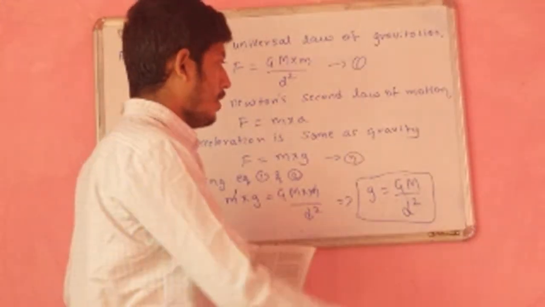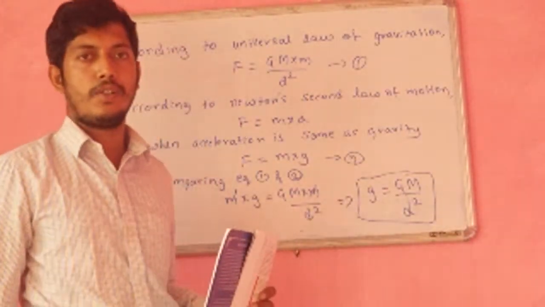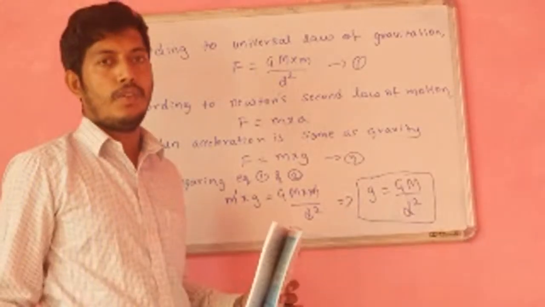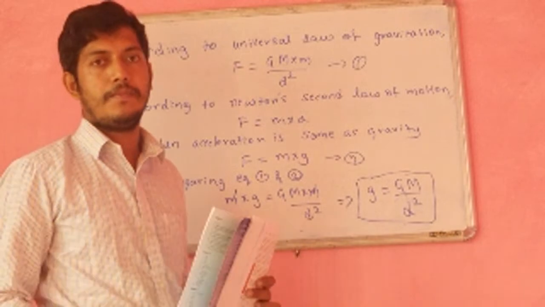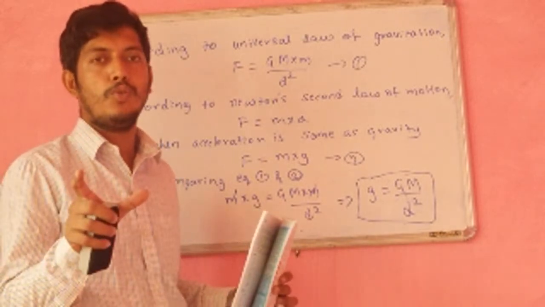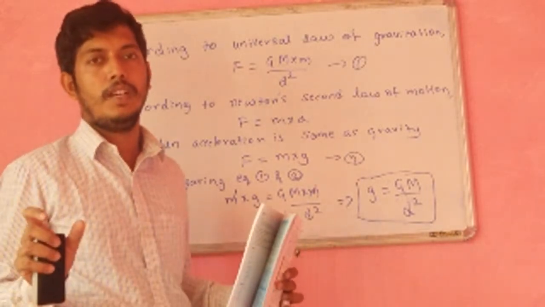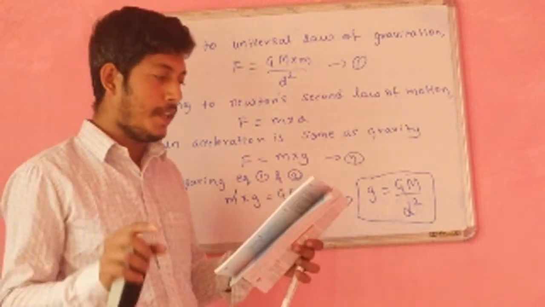Here, consider capital G as the gravitational constant, capital M as the mass of the earth, and d as the radius of the earth. For example, if an object is present on the surface of the earth, then the distance between the two objects is the same as the radius of the earth. That is given in page number 135.